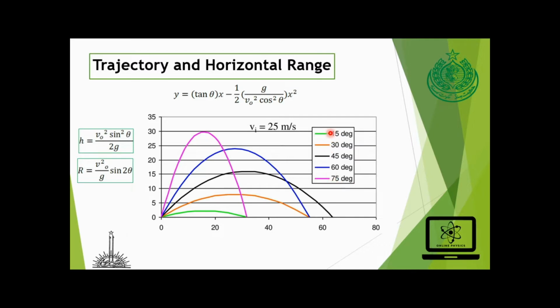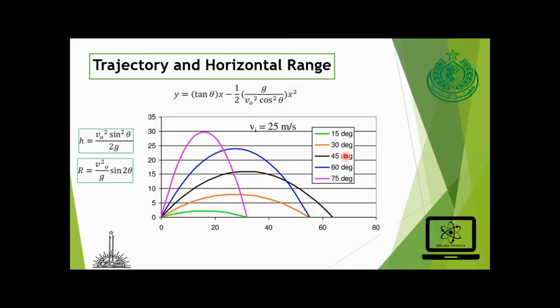So at 75 and 15 we will get the same range but different height, because we know that h is equal to v naught square sine square theta upon 2g. If the launching angle is increasing, the height of the projectile will increase, but the range is the same for two different angles because of sine 2 theta. Now this black line is 45 degrees, so see that this is the maximum range attained by the projectile.